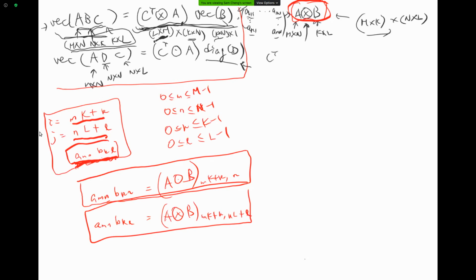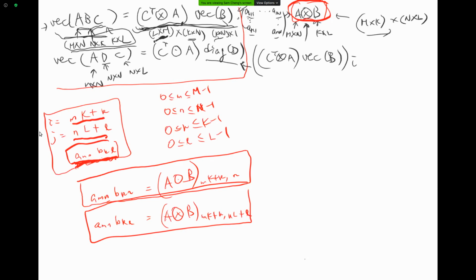Let's say I have C^T A vectorized B, right? So let me consider the ith element here.